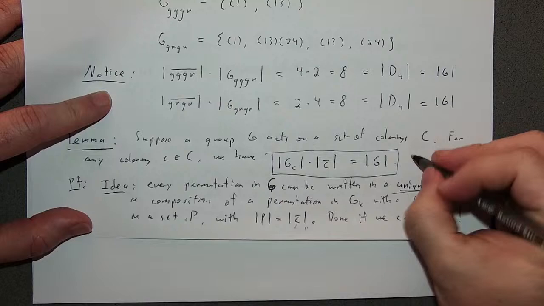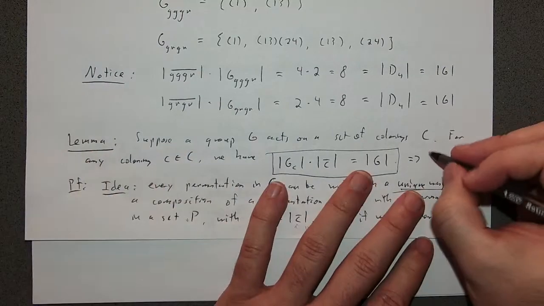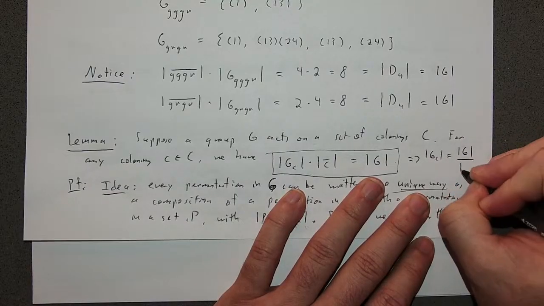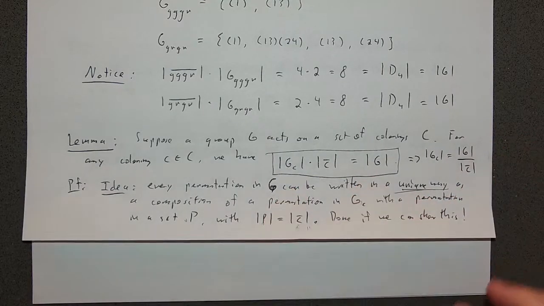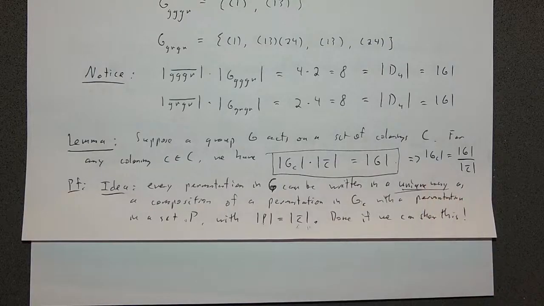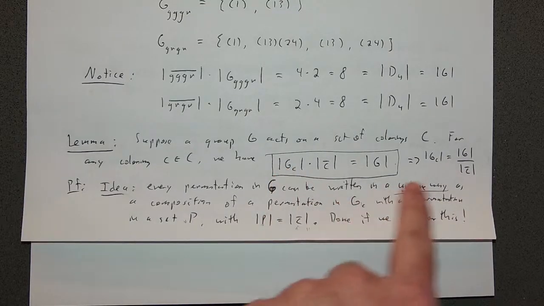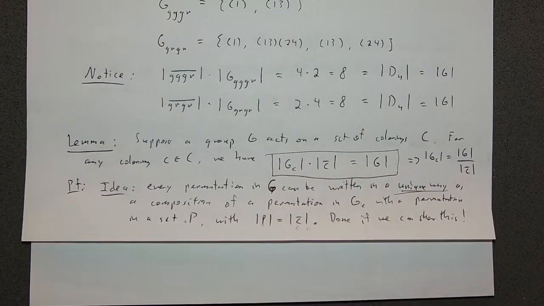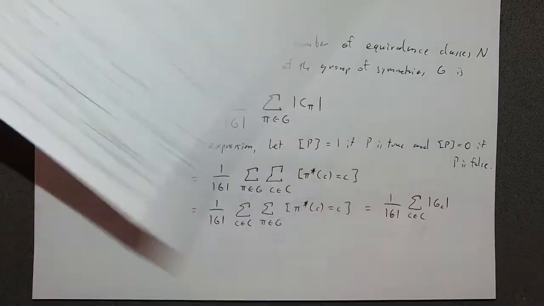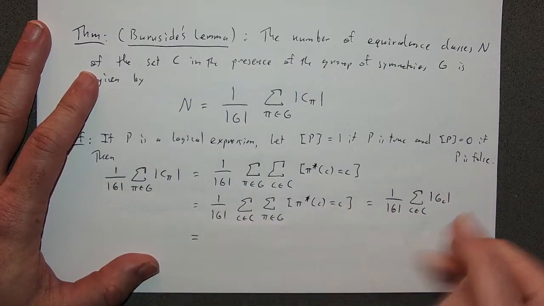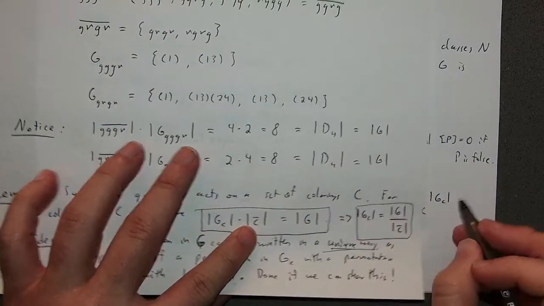It tells us that the size of the stabilizer of C is the size of the group divided by the size of the equivalence class of C, or the orbit of C. And so this is going to be replaced with this.